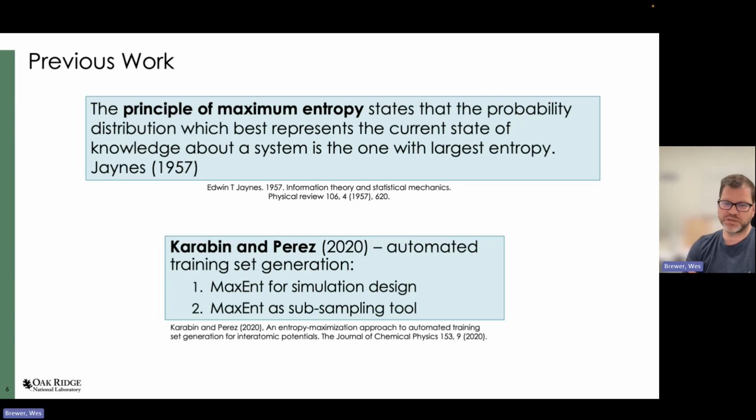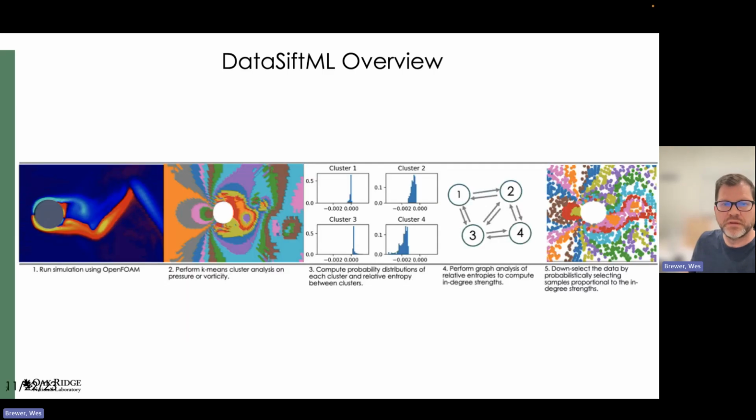And second is using maxent as a subsampling tool, where, given a large raw data set, you use the method to find the optimal subset of that data set that can be used for training neural networks. Our method in this particular paper is focused on this second goal, using maxent as a subsampling tool.